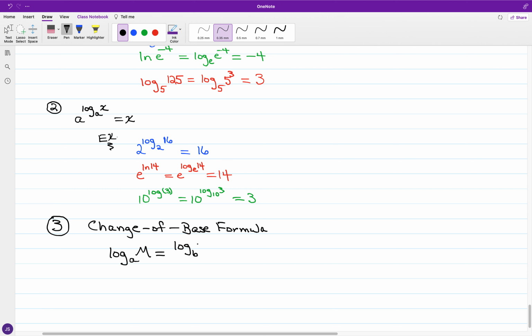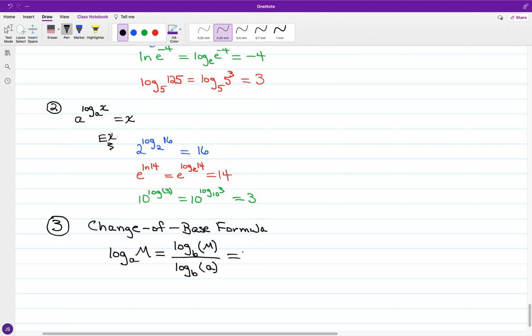We go with the secondary logarithmic base. We have a base b logarithm of the attachment divided by the base b logarithm of what was the original logarithmic base, in this case a.